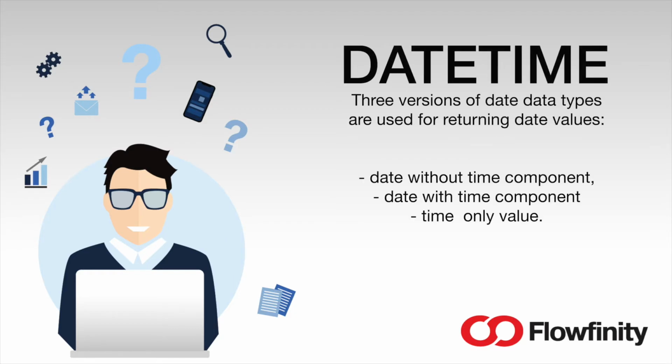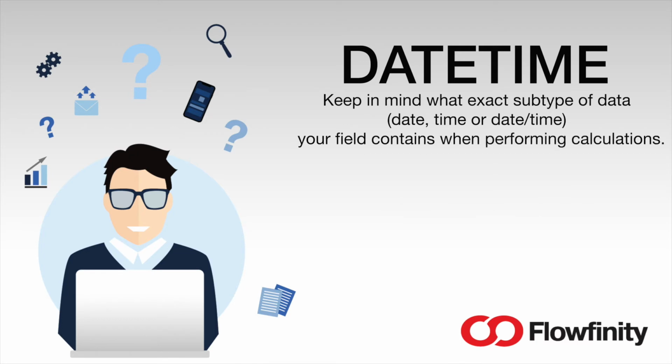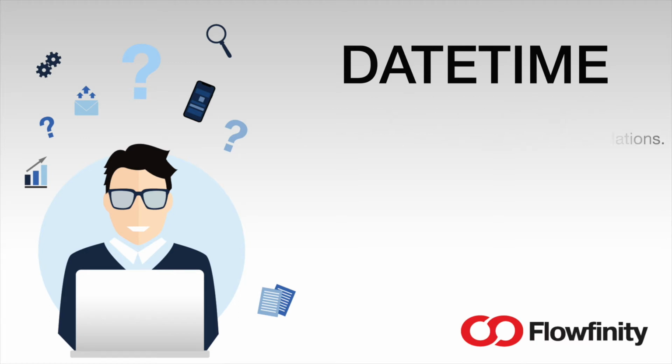Date time. 3 versions of date data types are used for returning date values: date without time component, date with time component, and time-only value. It's important to keep in mind what exact subtype of data, date, time, or datetime your field contains when performing calculations.